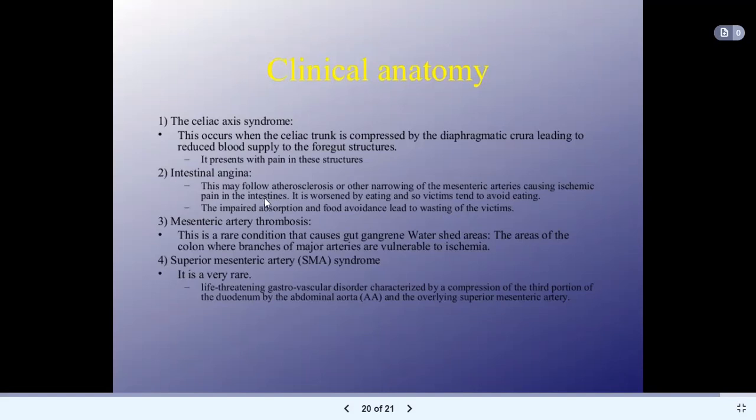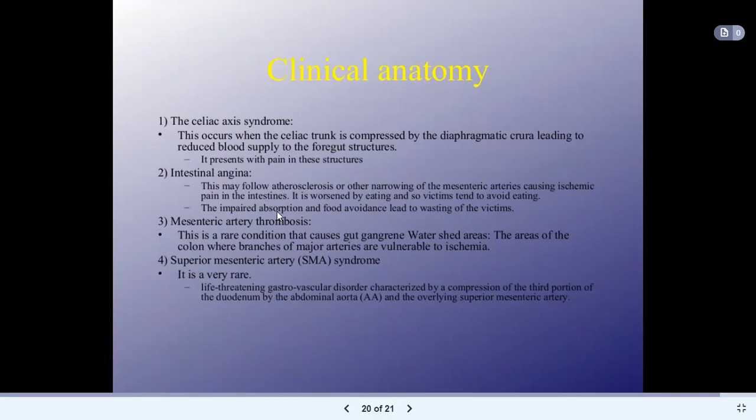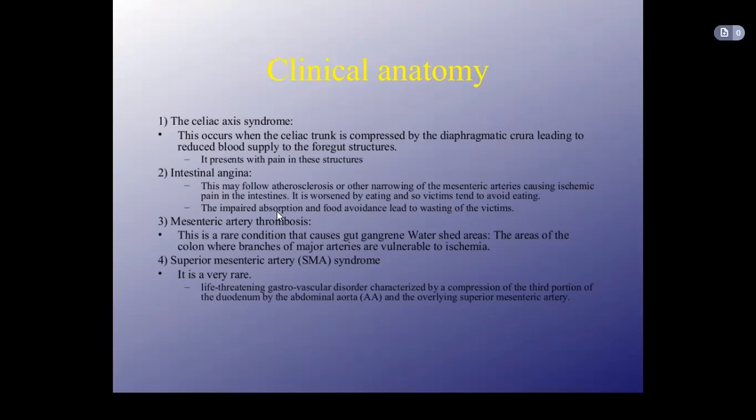But now there is obstruction, there is atherosclerosis of the mesenteric arteries. So it means that the intestines are no longer receiving enough oxygen, and so they don't have enough energy, and they cannot perform their normal function of absorption. And once there is no absorption, all the nutrients in the food that you have eaten cannot get into your blood and be transported to different parts of your body.